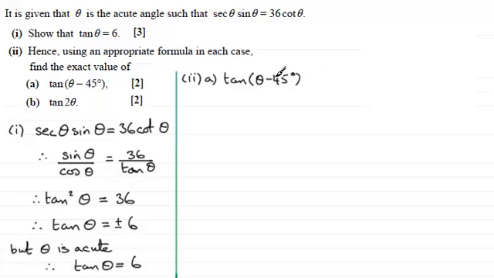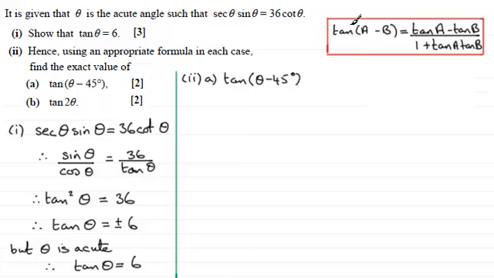And to do this, we need to use the addition formula for the tangent of two angles. And you should be familiar with this. It often goes like this in most formula books. The tan of a minus b is equal to the tan of a minus tan b all over 1 plus tan a tan b. So a is the theta and b is the 45 degrees.